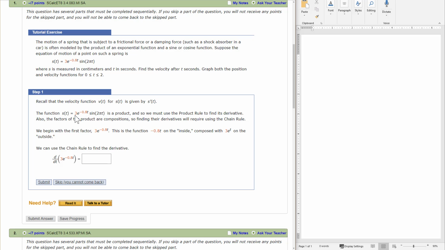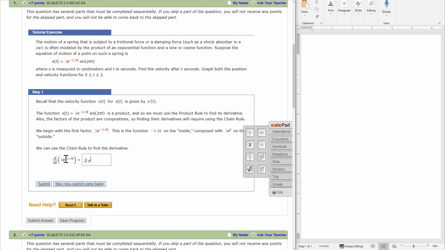So let's first take the derivative of the first factor, and we'll leave the 3 out because it's just a constant. The derivative of e to the anything is e to the anything.